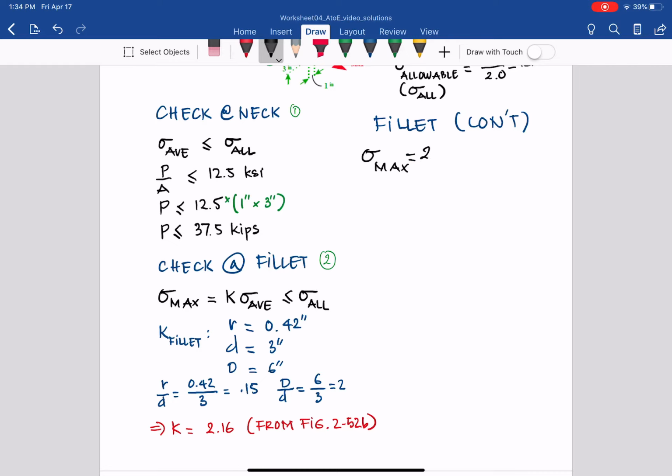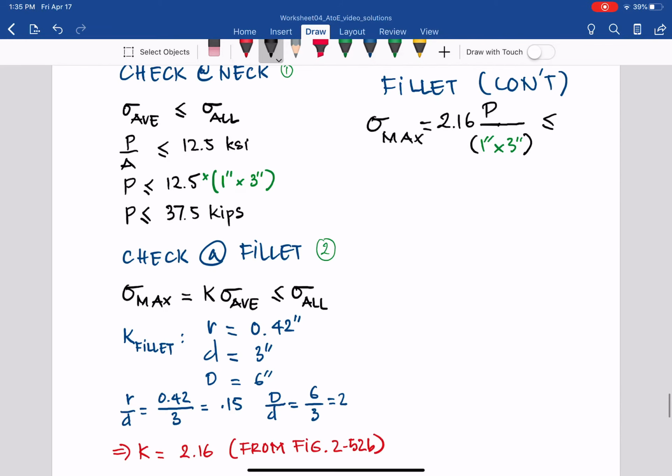So we have 2.16 times sigma average, which is P over A. A in this case, as you can see, is 1 inch times 3 inches for the neck here, and that has to be less than sigma allowable, which is 12.5 ksi.